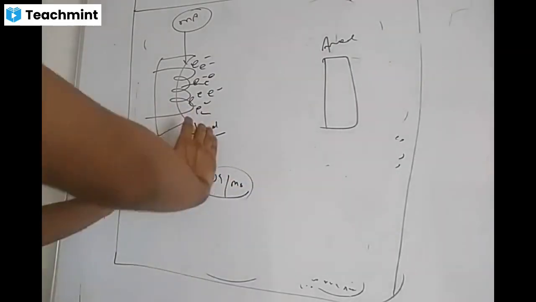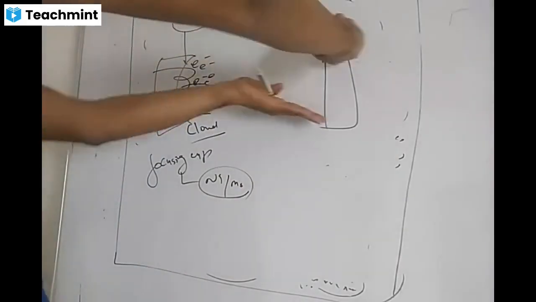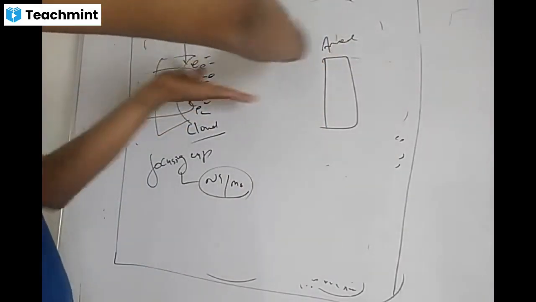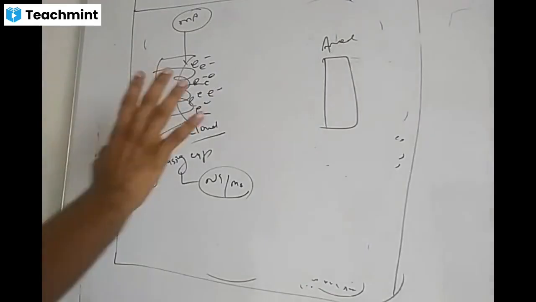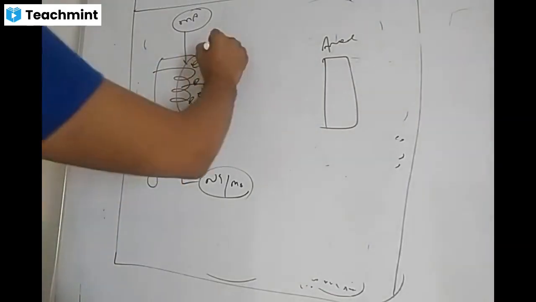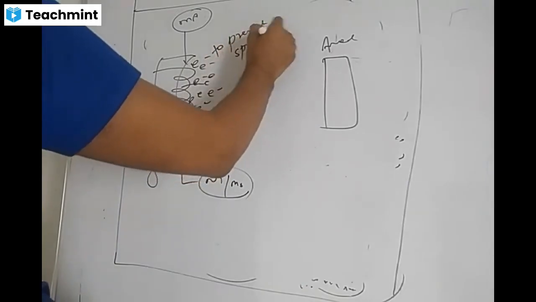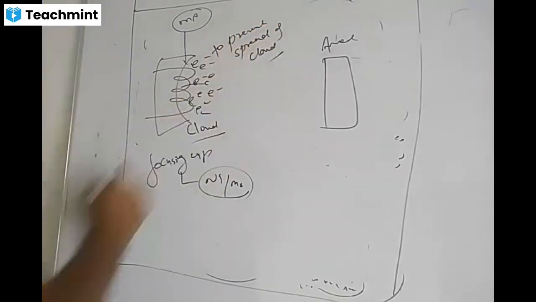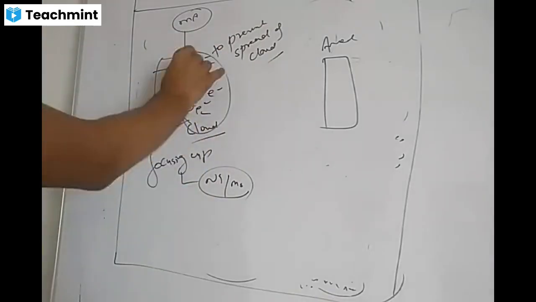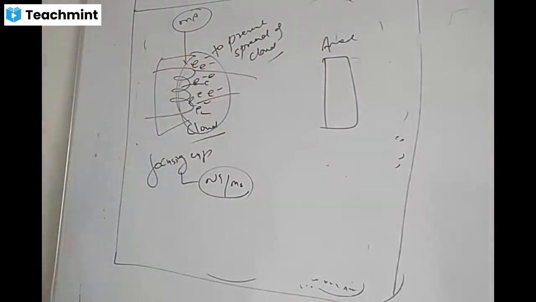The role of this focusing cup is only to focus these electrons towards the anode, or you can say to prevent spread of the cloud.